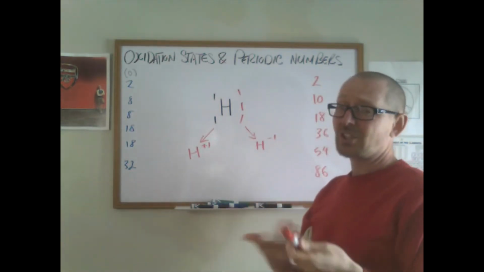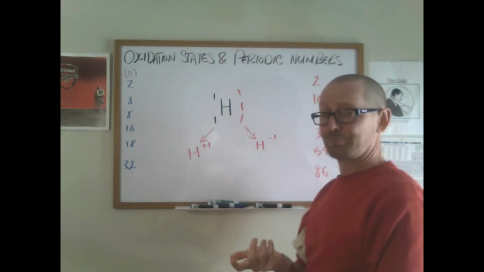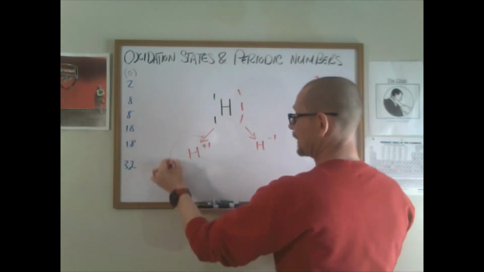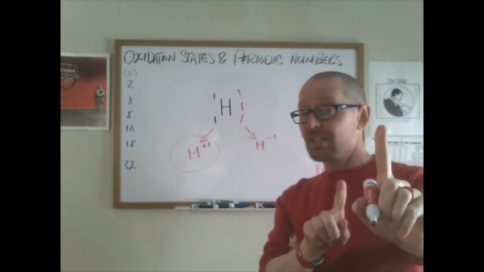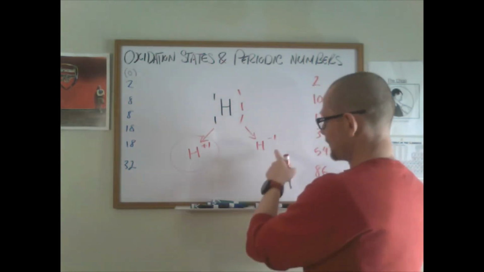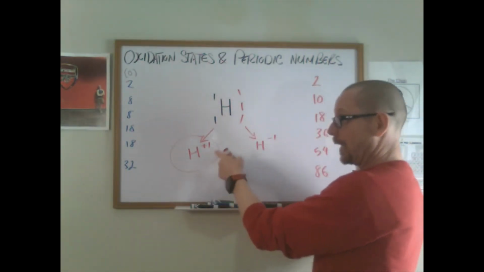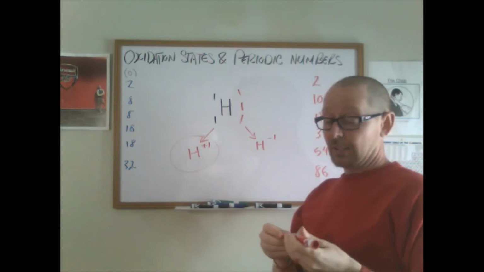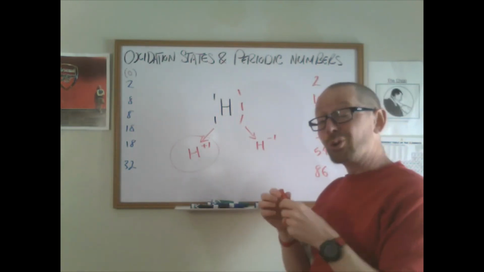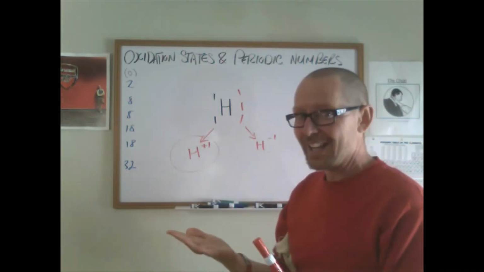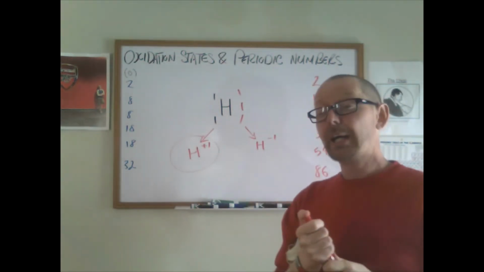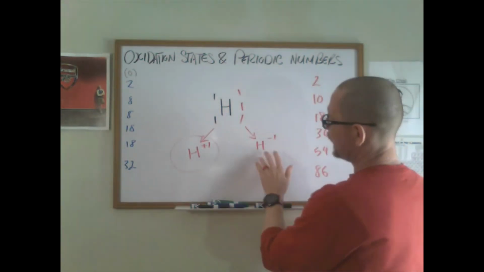Surprisingly enough, one is actually more common than the other. It turns out that this is actually more stable in most cases than this. This hydrogen 1 ion is just more stable in more cases than what we call the hydride ion, but we do occasionally see that.